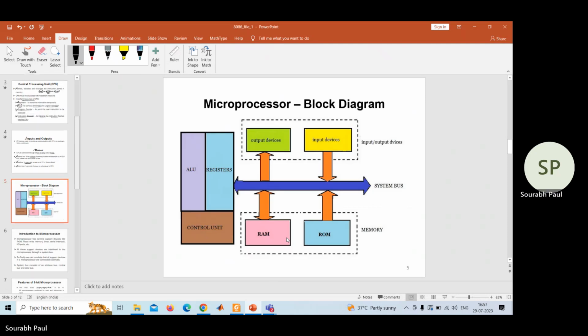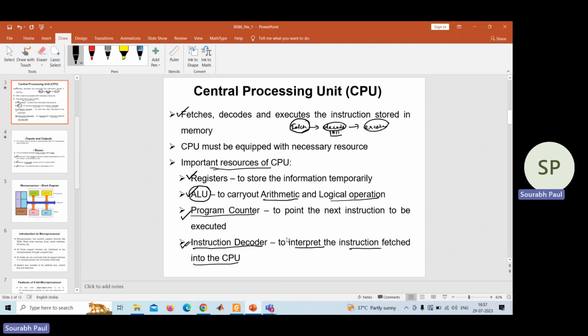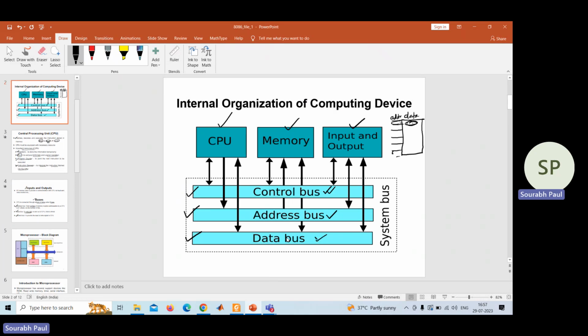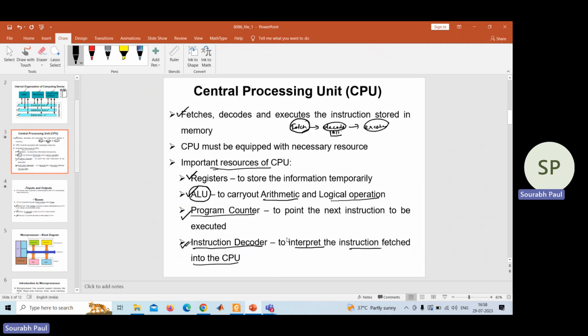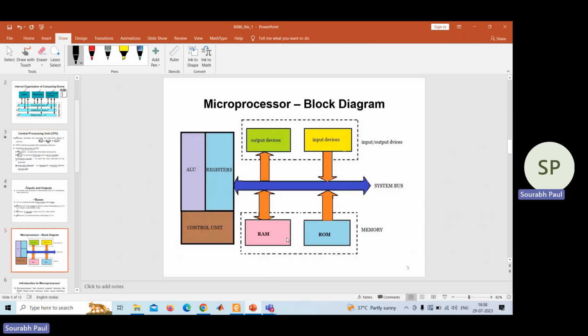Then if you understand these central processing unit components, and if you understand the internal organization of a computing device, then things are more clear to you, meaning for the microprocessor, things are more clear. So a microprocessor generally contains these sections.